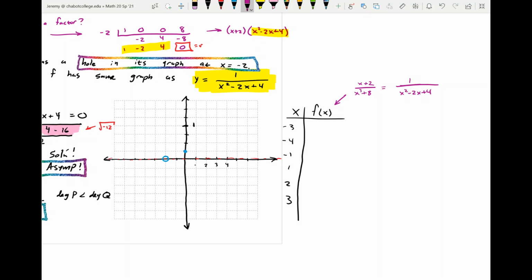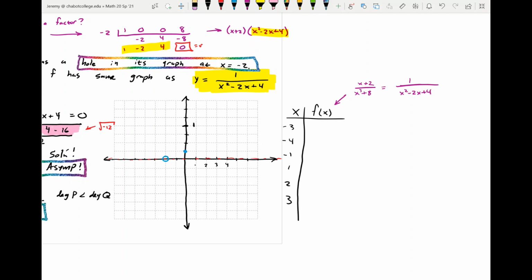These two expressions return the exact same outputs except at x equals -2, because the only difference is that we cancel out a factor of x plus 2 in the numerator and denominator to get from the first one to the second. So it doesn't matter which of those you plug into.